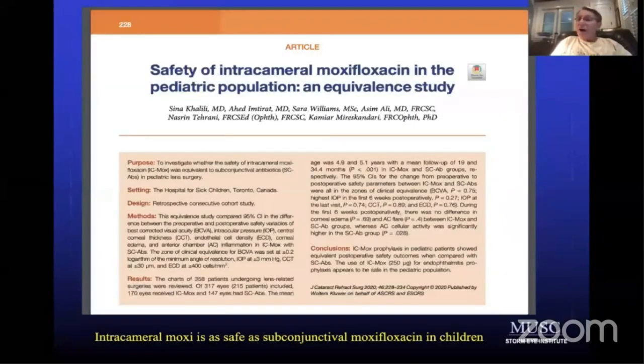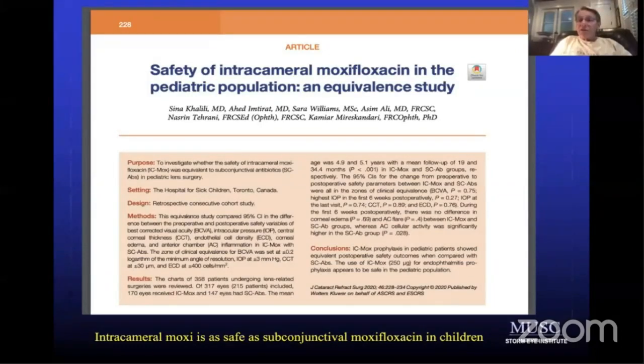I also wanted to make a comment about intracameral antibiotics. I would not do a pediatric cataract surgery without intracameral antibiotics. I think that many of us in pediatric cataract surgery were early adopters of this, and regardless of your antibiotic of choice, I think you should use it in children.